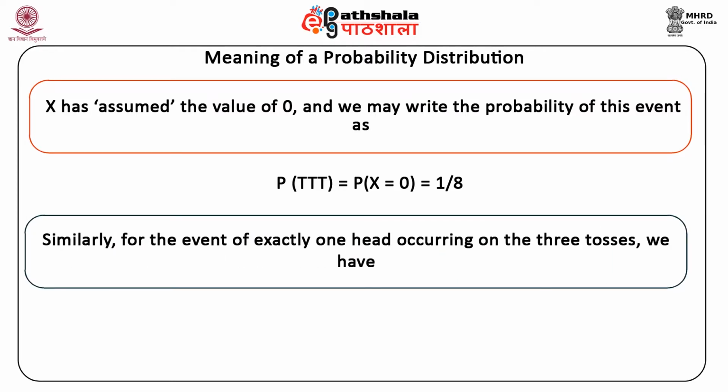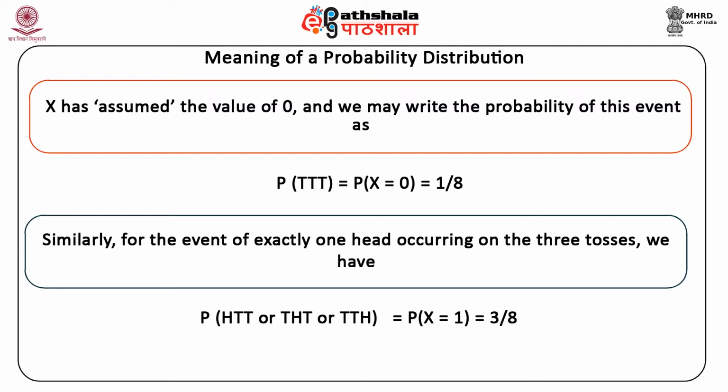Similarly, for the event of exactly one head occurring on the three tosses, we have P(HTT or THT or TTH) = P(X = 1).